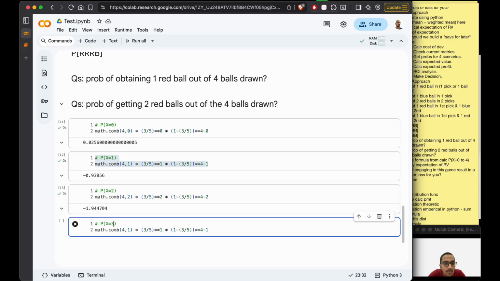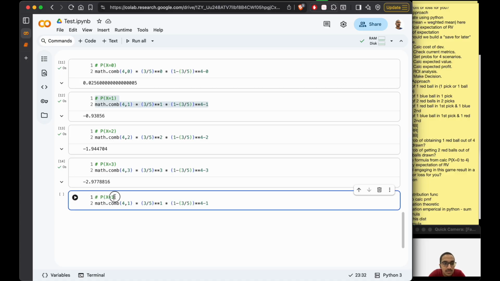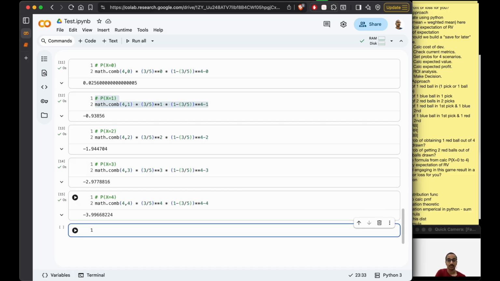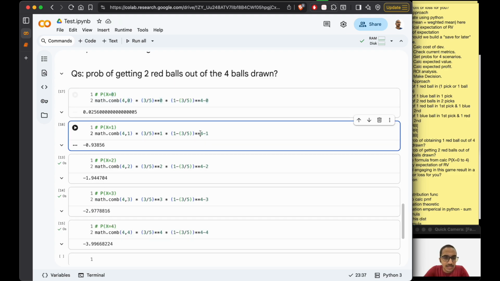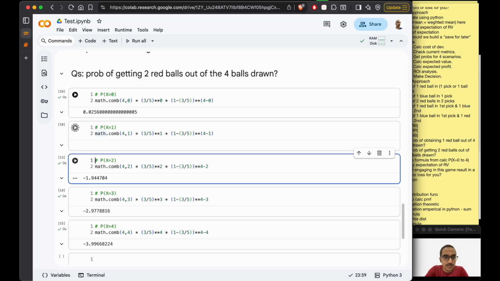Then 4C3, power 3, and 4C4, (3 by 5) power 4, 4 minus 4. Okay, I think this is the problem. It should be in parentheses. See, that is the issue, I think.